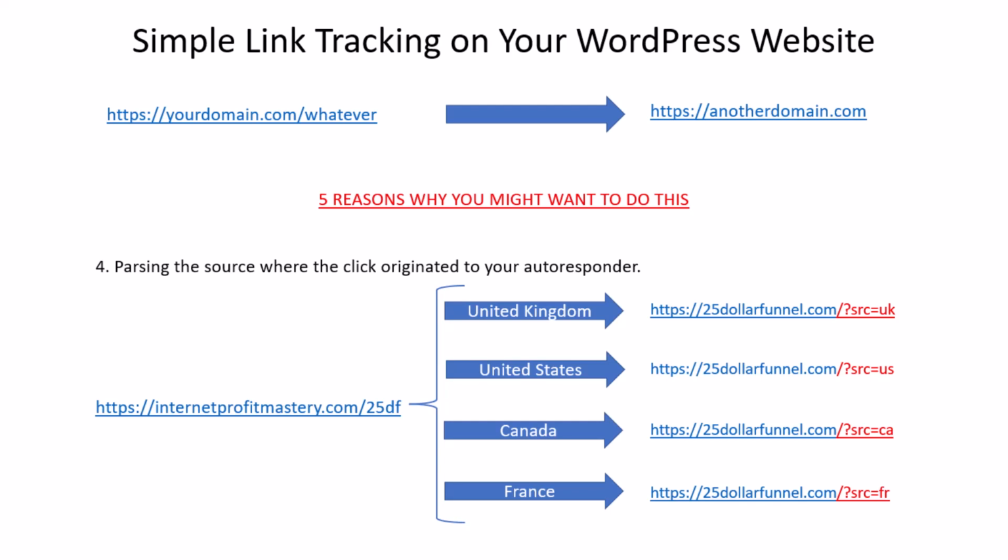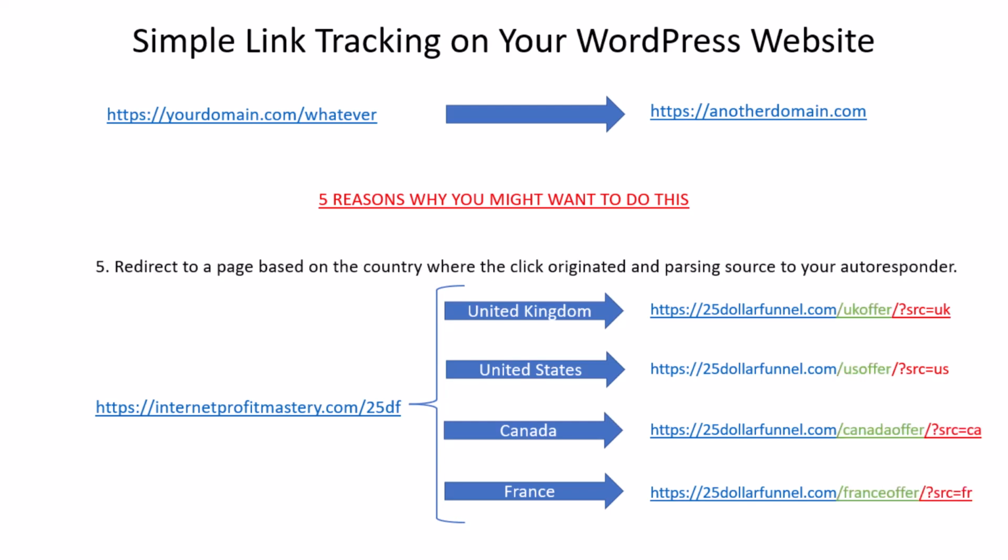your email marketing. The fifth reason is to redirect to a page based on where the click originated and to pass the source into your autoresponder. So you can see here in my examples, United Kingdom, if you go to internetprofitmastery.com/25df and you're in the UK, you'll actually be redirected to $25funnel.com/UK offer/src equals UK.